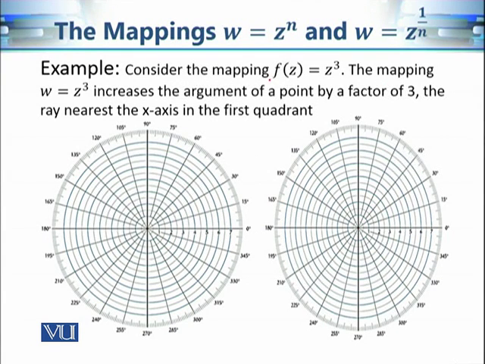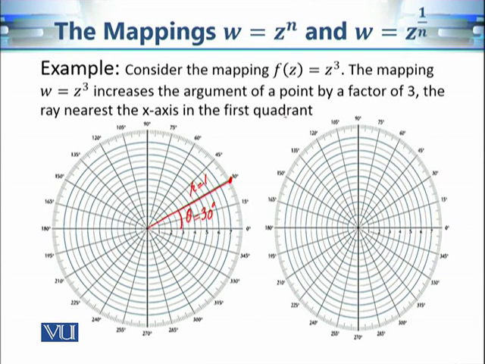So let's consider in particular n is equal to 3. In other words, consider this map f of z is equal to z cube. Now if a complex number is given with modulus 1, then if we take its cube, the image will again be a complex number with modulus 1. But let's see what will happen with the argument of this complex number. For example, if this is a complex number and r is equal to 1, and over here we can observe that theta is equal to 30 degrees.